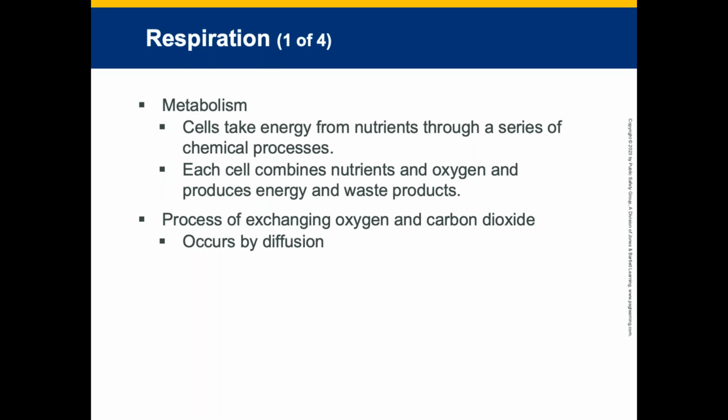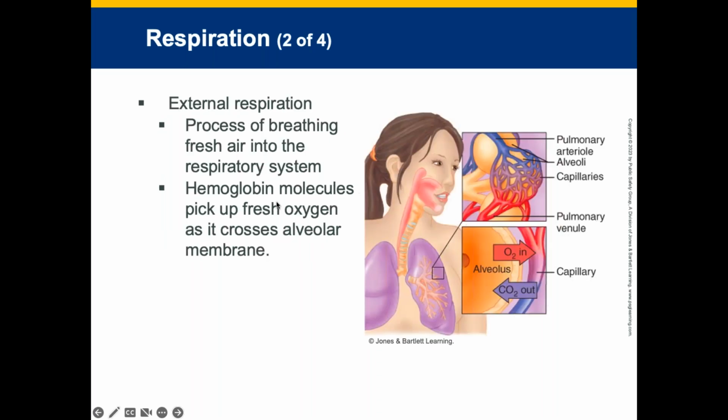The process of exchanging oxygen and carbon dioxide occurs by diffusion. Why is it diffusion? Because it's a gas, right? Osmosis is a liquid, diffusion is a gas. External respiration is the process of breathing fresh air into the respiratory system, then exchanging oxygen and carbon dioxide between the alveoli and the blood at the pulmonary capillaries, right?